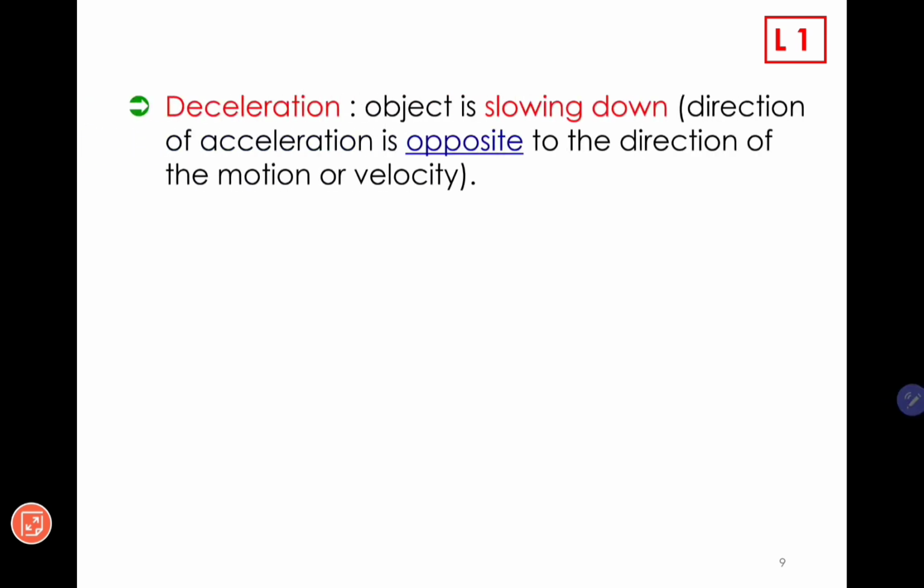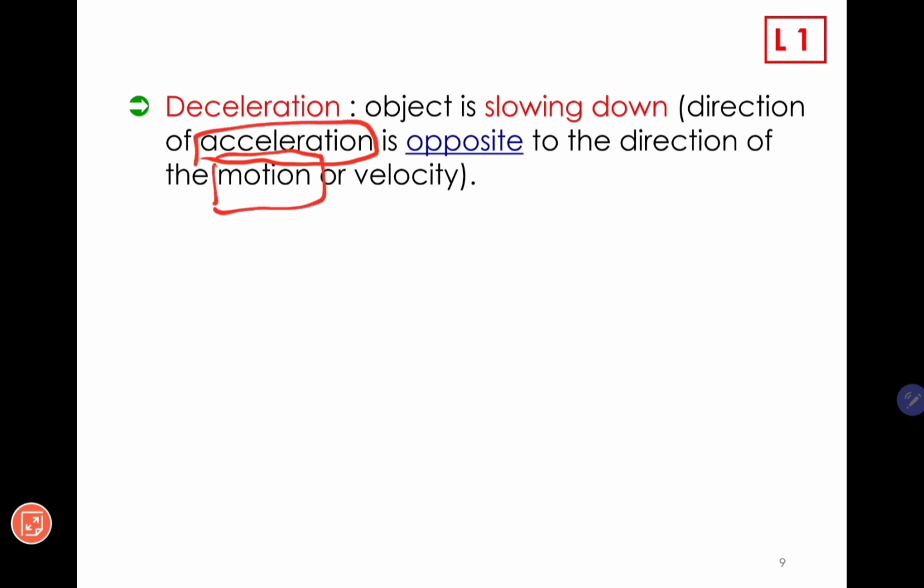Next, what does it mean by deceleration? Deceleration of an object is a situation where the object is slowing down, where the direction of acceleration is opposite to the direction of the motion or velocity. So the keyword now is that the direction of acceleration is opposite to the direction of motion.